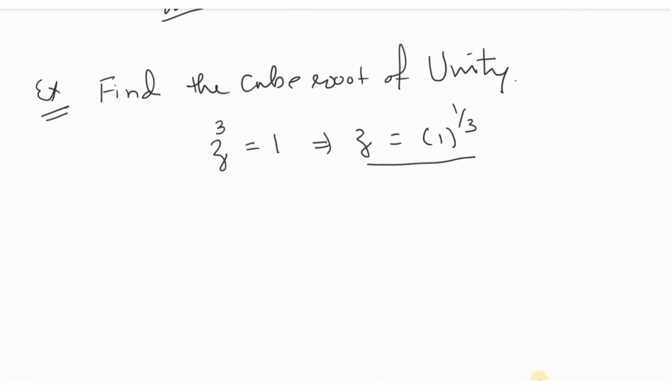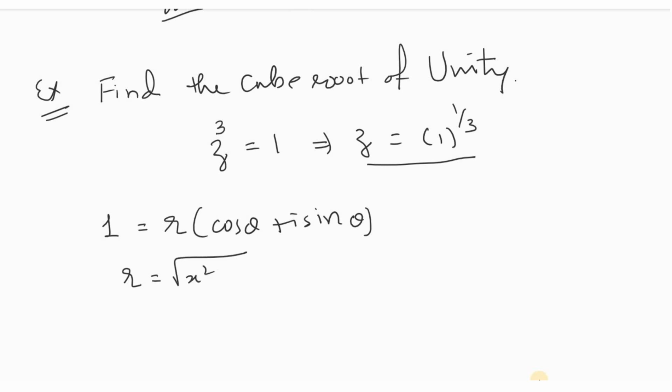First, we convert 1 into polar form. If you compare it with r into cos theta plus i sin theta, then r will be the square root of x square plus y square. Here if you compare 1 with x plus iy, x is 1 and y is 0, so r will be 1.